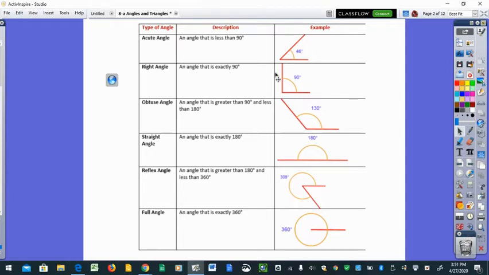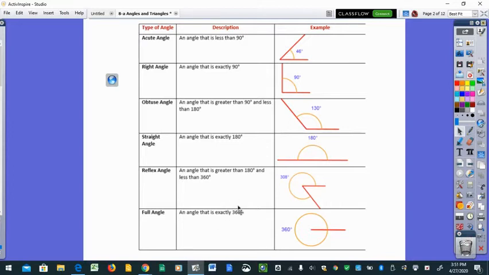An angle that is exactly 90 degrees is called a right angle. And once we go beyond that 90 degrees, it's called an obtuse angle. When we stretch that angle out so that it's a straight line, so we open all the way to here, you can see the straight line, that would be represented by 180 degrees, and that's called a straight angle.